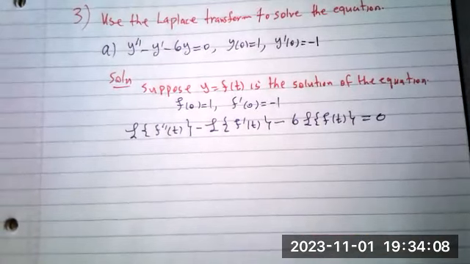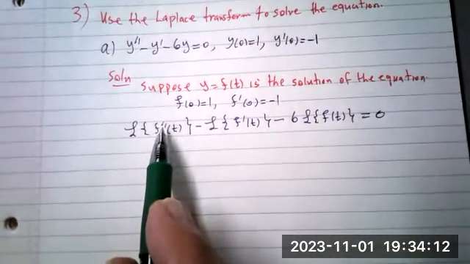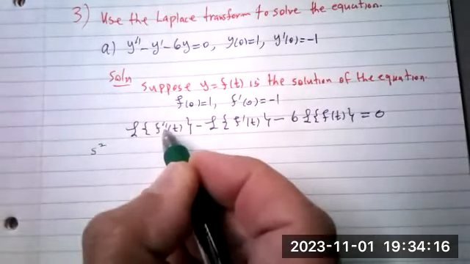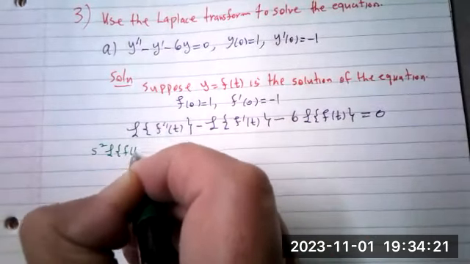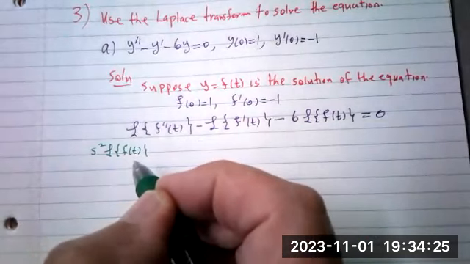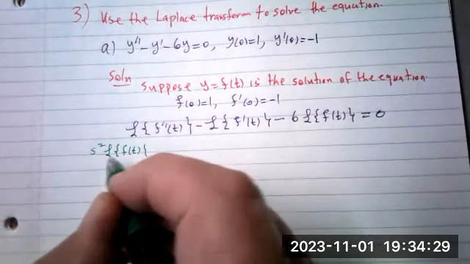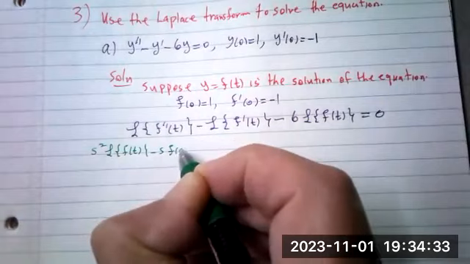Remember, one by one. The first one, the second derivative. Remember the way we do it? It's going to be s squared, Laplace of f of t; we lower the power of s, and we multiply by f of 0, f prime of 0, f double prime, etc. So you lower the power: minus s f of 0.